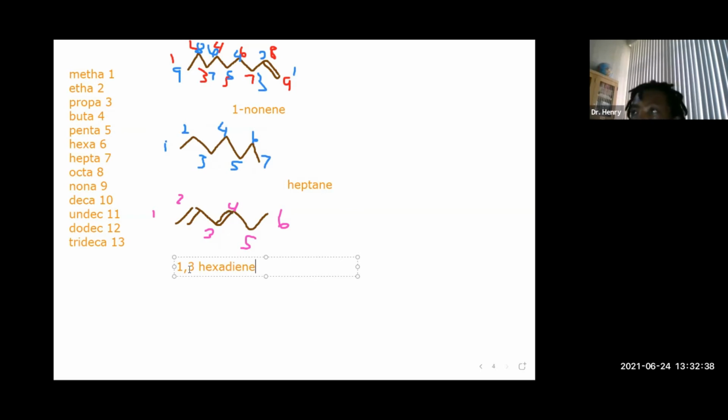That's where we get the 3 from. Why didn't I go the other way? Because 1 is lower than 6, right? So if I count it from this direction, 1, 2, 3, 4, 5, 6, then my lowest number here would be 3, where my lowest number here would be 1. So you want to have that lowest number. So that's how you decide which way to count.